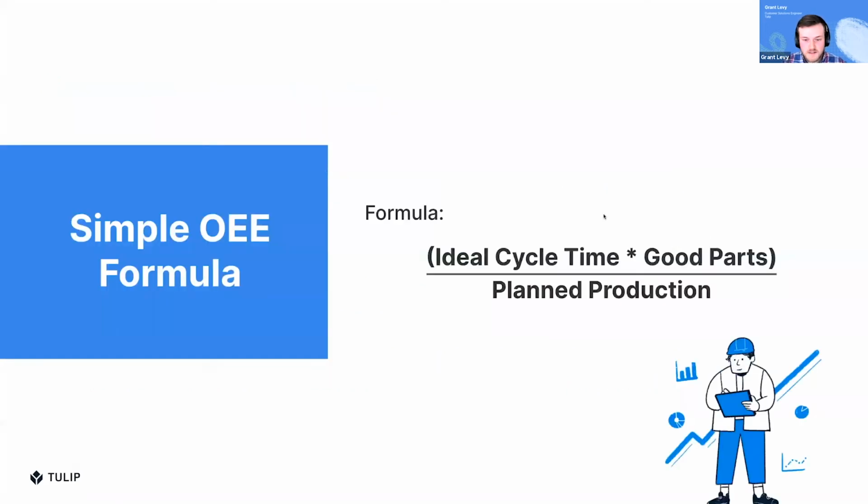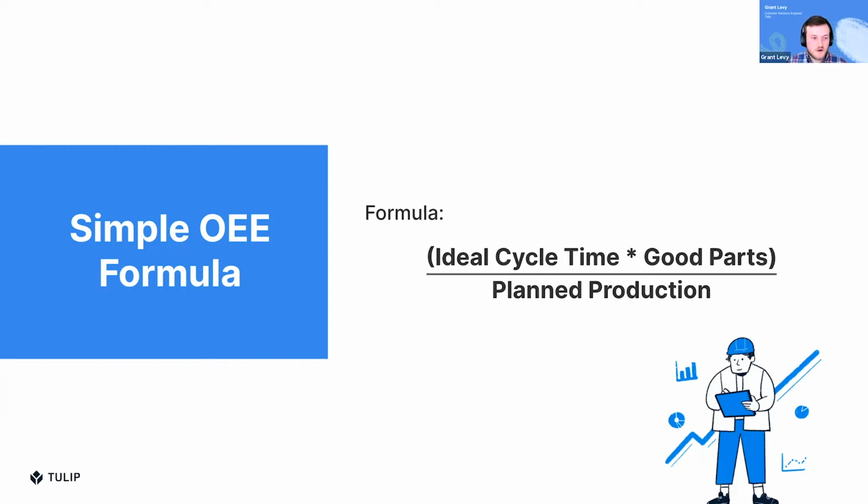So, getting into the simple OEE formula. This is relatively basic. If you have a good part count coming off a machine, and you also have the time spent or the time planned, whether it be a shift or a day, or even smaller chunks of time, as long as you have a part count and how long you were intended to be operating for, you can use an ideal cycle time to understand where in that process you really fell.